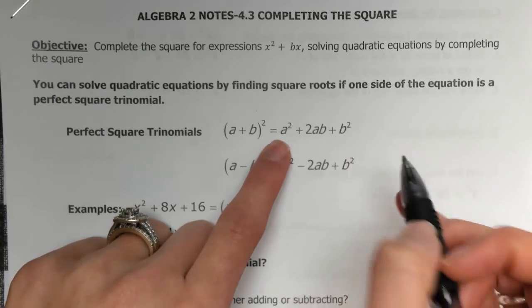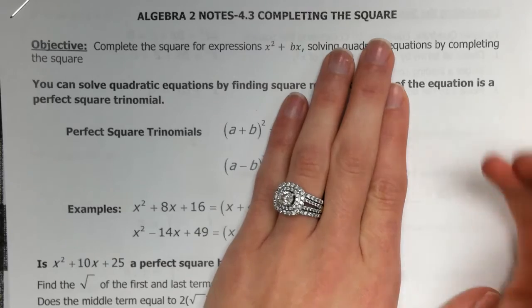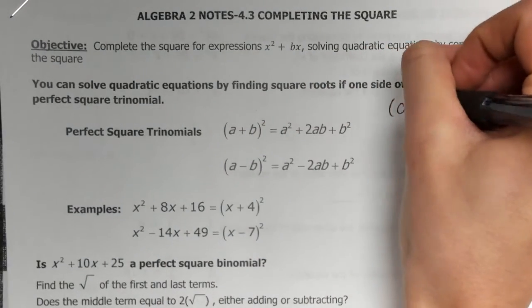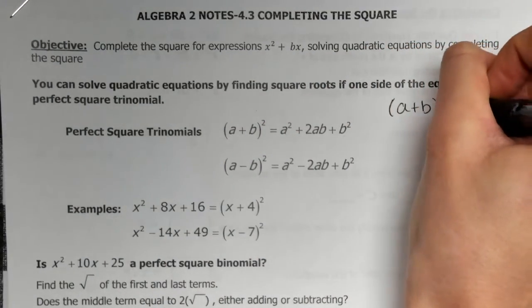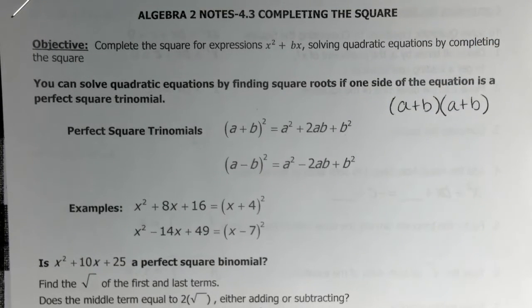If I only had (a + b) squared, that would mean that I'm taking a plus b and multiplying it by itself because it's squared, and that's what squaring something means.